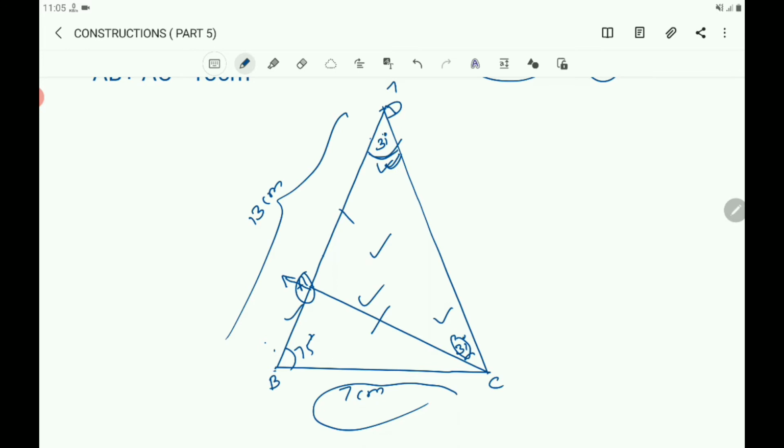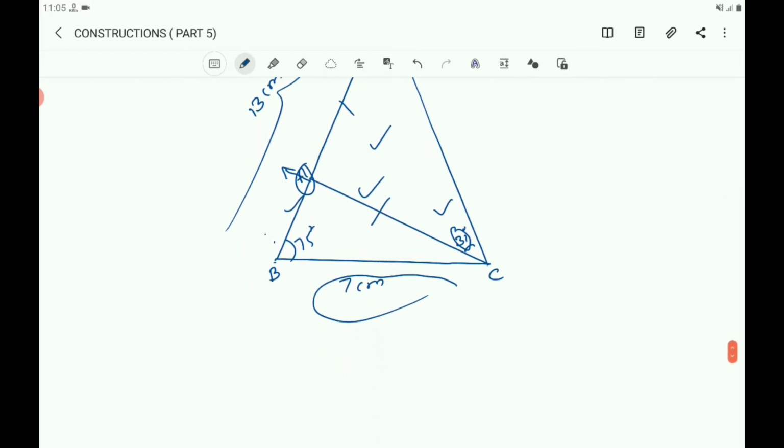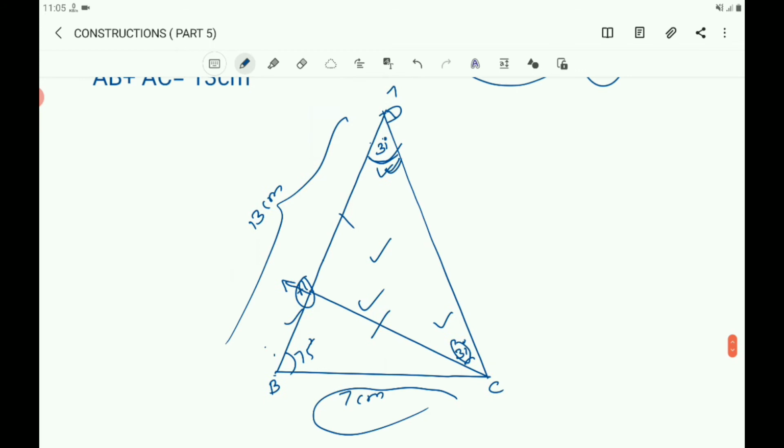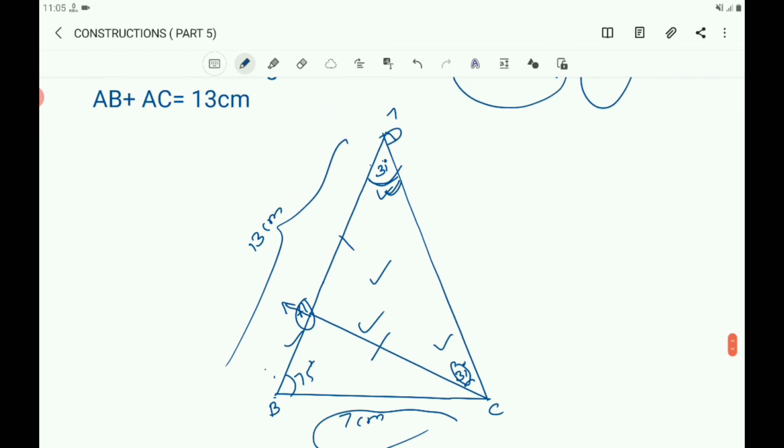Here let us write the justification. Here what can you write? Base BC and angle B are given.